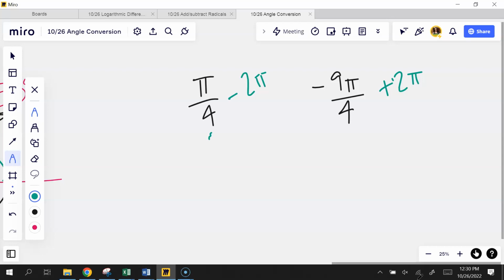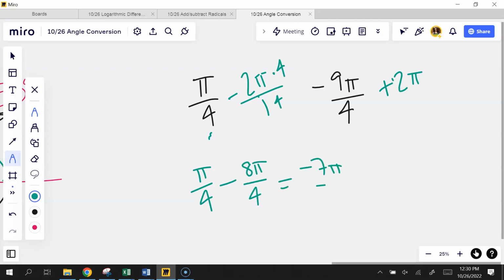This one you'd have to have common denominators. So pi over 4 minus 8 pi over 4, which is negative 7 pi over 4. So you're exactly right, those are not coterminal. Does that make sense to everybody? It's just adding and subtracting 360 or 2 pi, depending on what units you're in.